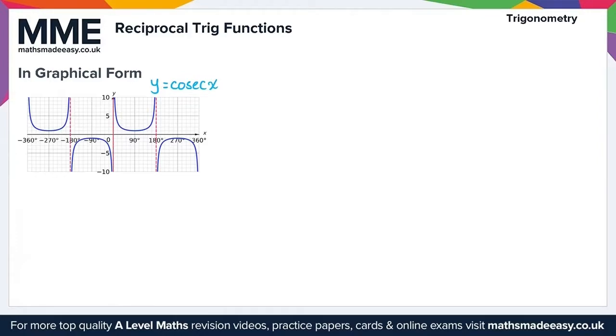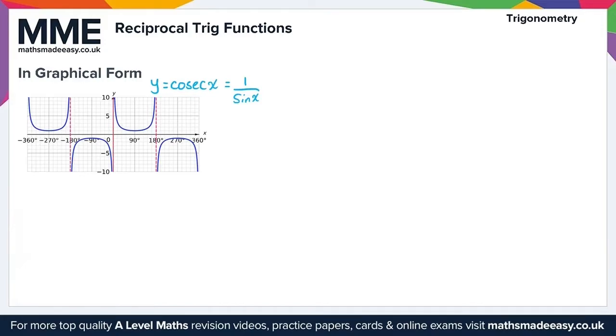And the reason for this is by using the reciprocal definition. Cosec x is equal to 1 over sine x. So cosec x will be undefined when we have values where sine x is equal to 0, i.e. where x equals minus 180 degrees, 0 degrees, and 180 degrees.